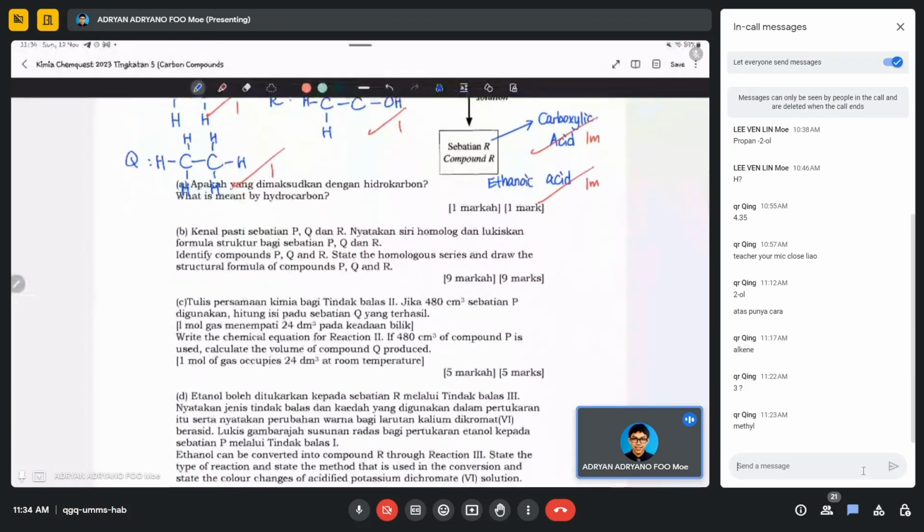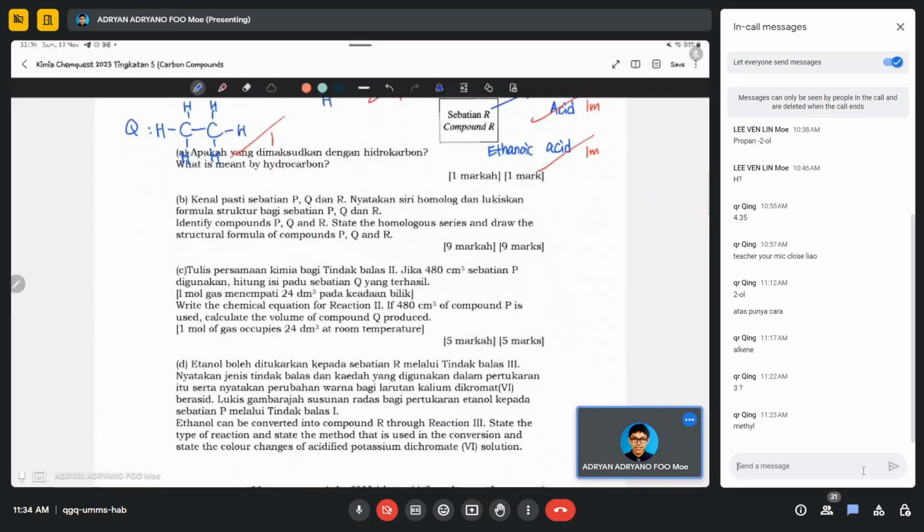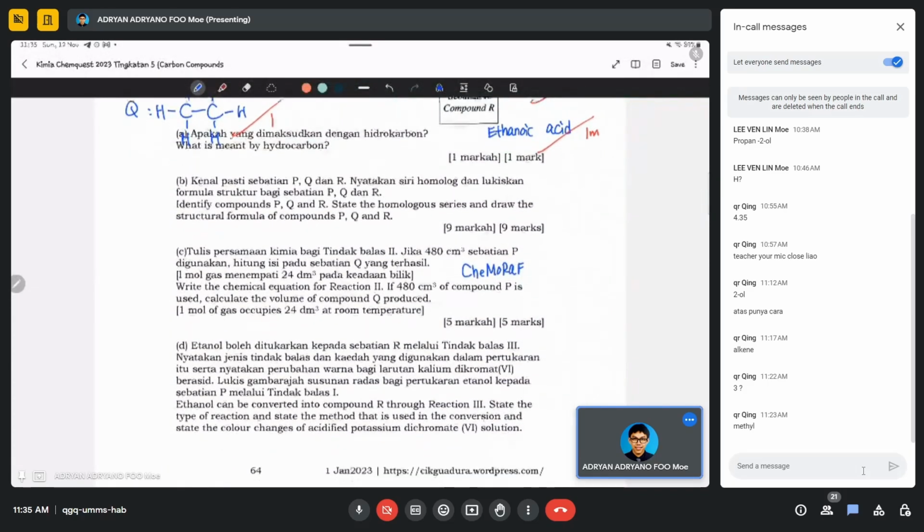So next: write the chemical equation for reaction 2. This is like Chapter 3, chemical equation, number of moles, ratio, and then the final answer. Okay.